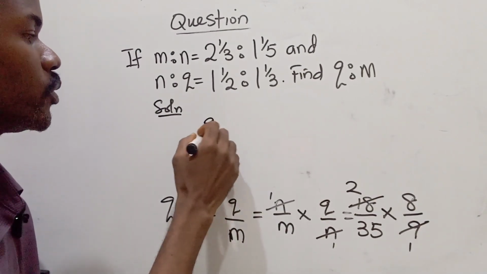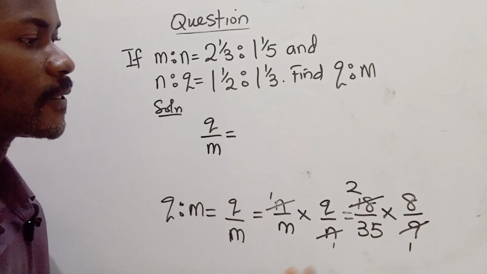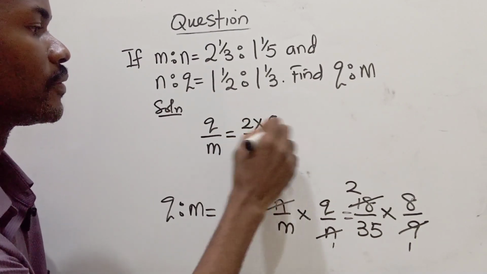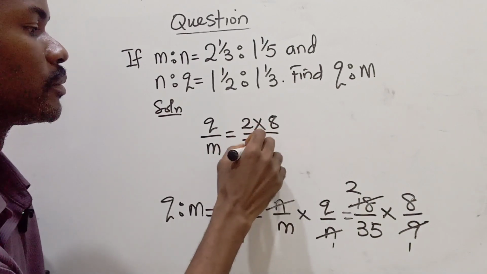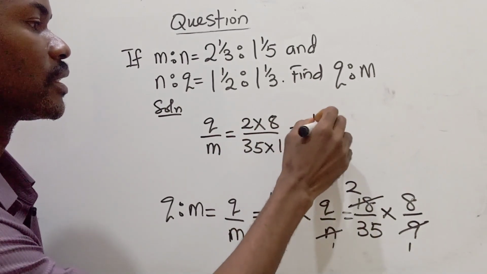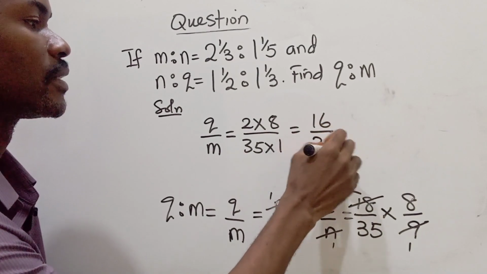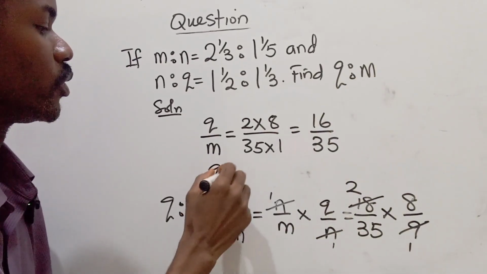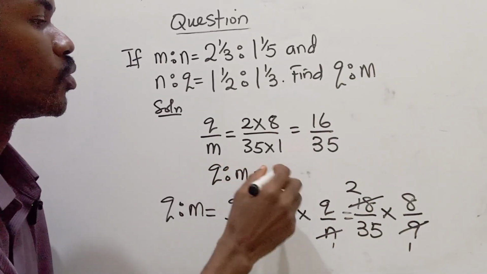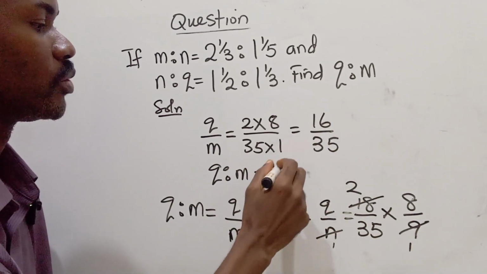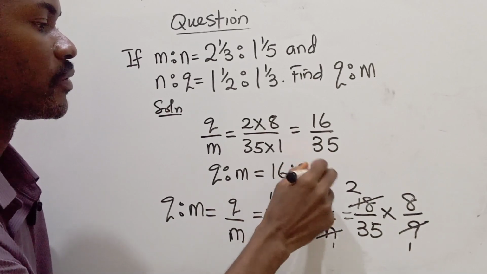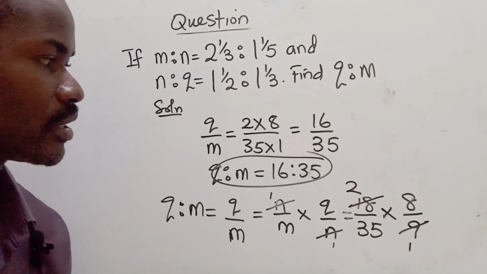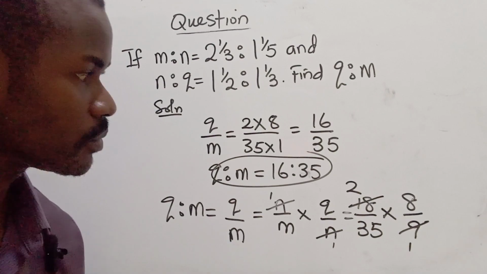So I have q ratio m is equal to 2 times 8 divided by 35 times 1. So that will give us 16 divided by 35. So our q ratio m, we can write in the form of ratio, which is 16 ratio 35. So this gives us our solution to this simple problem.